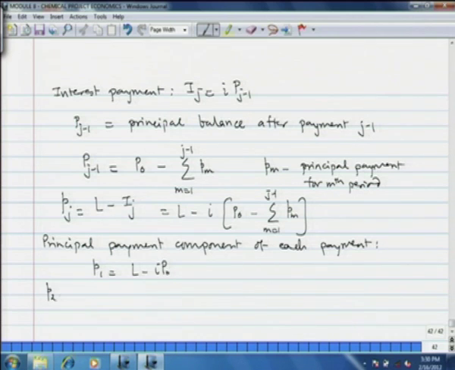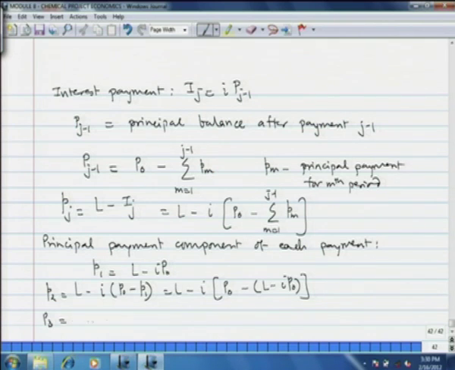For the second period P2 is L minus I into (P naught minus P1), which is equal to L minus I into (P naught minus (L minus I P naught)), and so on and so forth.